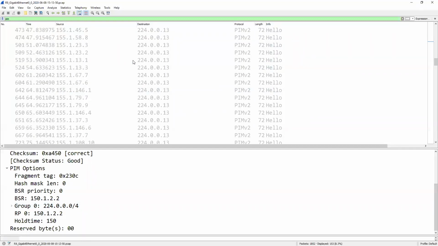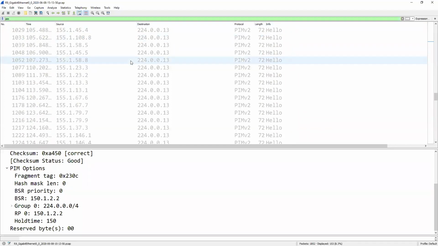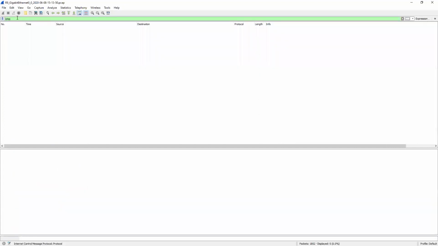What I'm looking for here is the PIM register message, which is going to be when we are pinging, and this might be under ICMP. No, let's check router 7's capture.